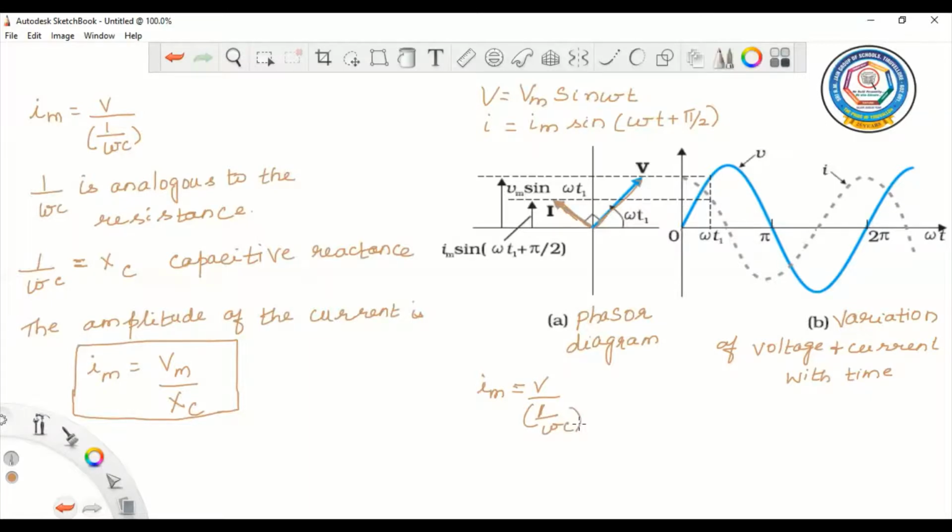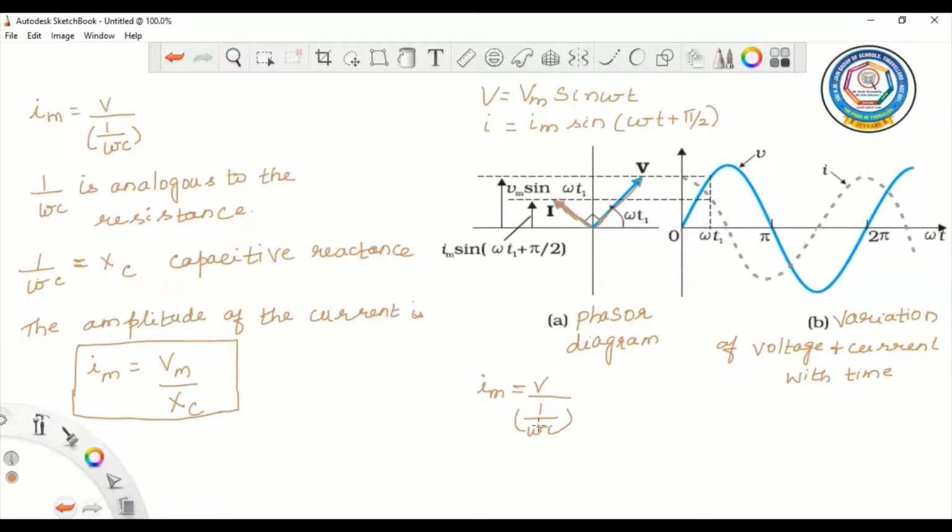Im is equal to V divided by 1 by omega c. Now I am going to compare this equation with Ohm's law, because in Ohm's law we know that I is equal to V by R. So you can very well say that this 1 by omega c plays the same role in an AC circuit as is played by the resistance R in a DC circuit.